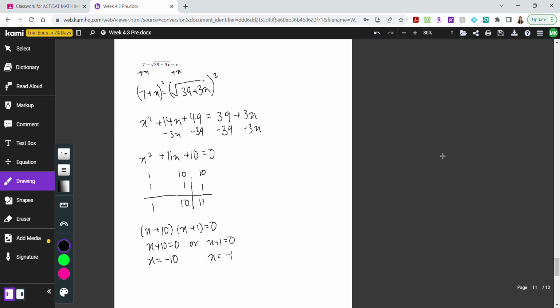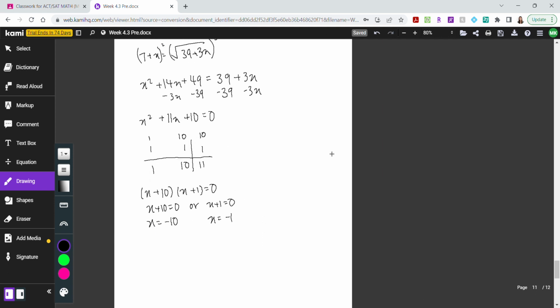Again, we would need to trial and error here, so let's look. When x equals negative 10, what would we get? So we have 7 equals square root 39 plus 3 times negative 10 minus negative 10.